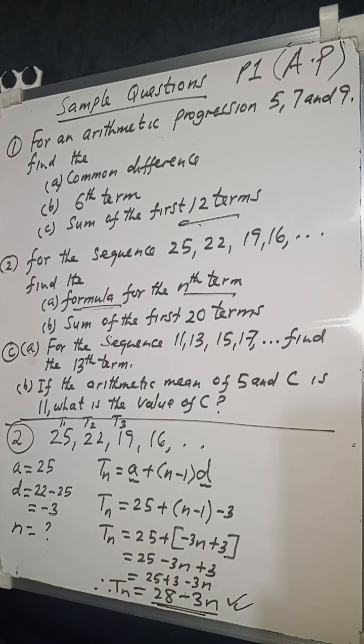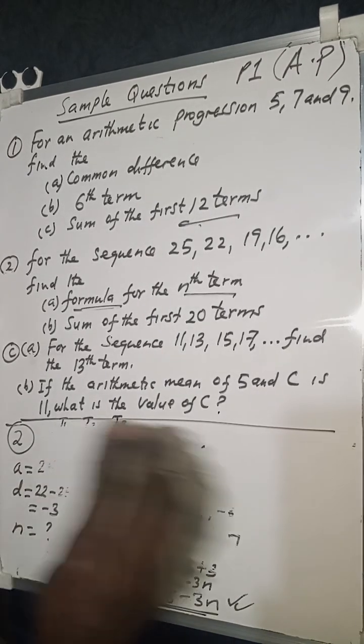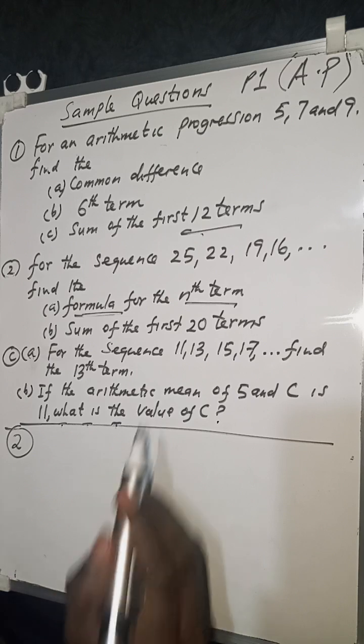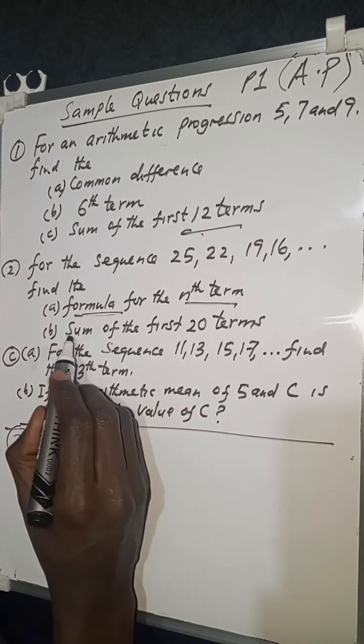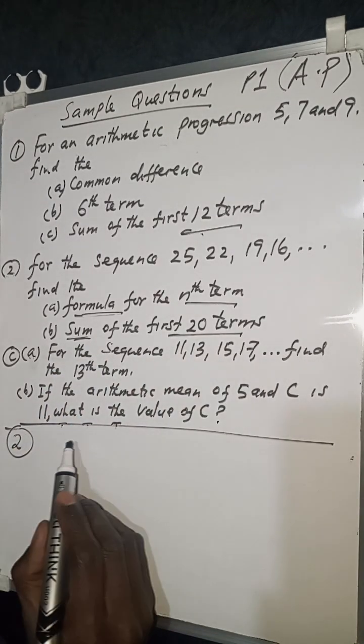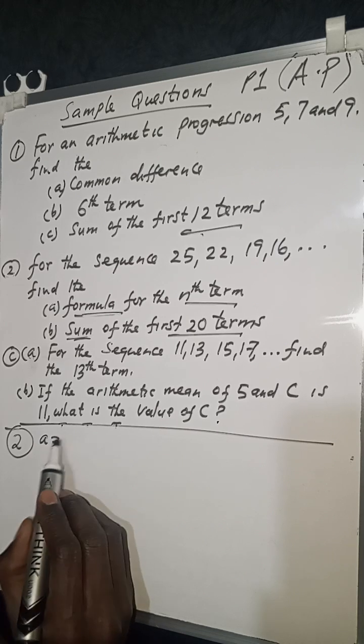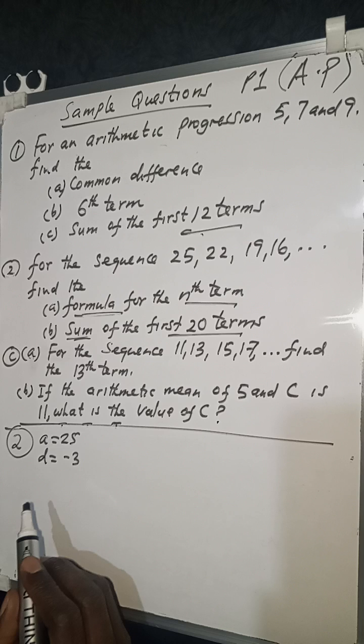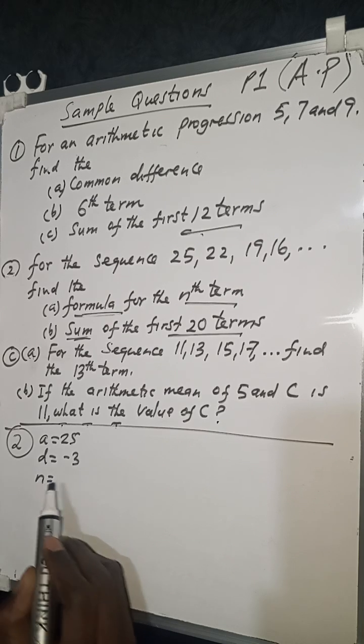That's your nth term. Now number 2b says the sum of the first 20. So we want to find the sum of the first 20 terms. Remember, the first term we know is 25. The common difference was negative 3. And since it is the sum of the first 20 terms, meaning n is equal to 20.